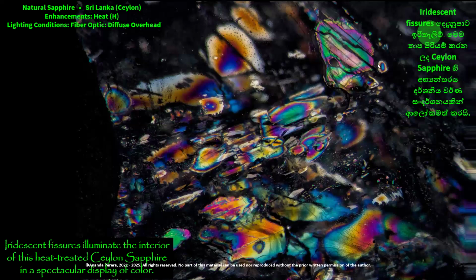What is this? What are the lighting conditions here? It is fiber optic, diffuse overhead lighting. It is very beautiful. This is a Sri Lankan stone. Iridescent fissures illuminate the interior of this heat-treated Ceylon sapphire in a spectacular display of color, giving beautiful colors.